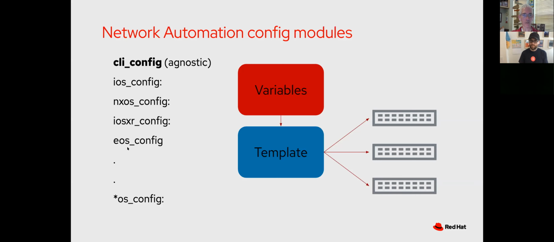There are different modules that are device-specific, and there's also one called cli_config that's more agnostic. But the idea with these is that instead of specifying individual parameters, we want to take advantage of the templating function to combine the variables with that template and then feed it into the configuration module. That way we take care of configuring that network endpoint.